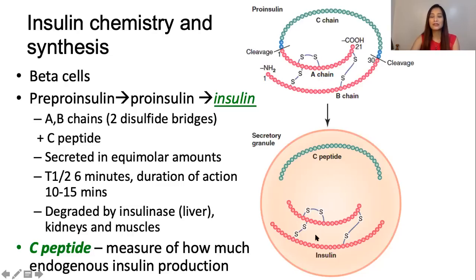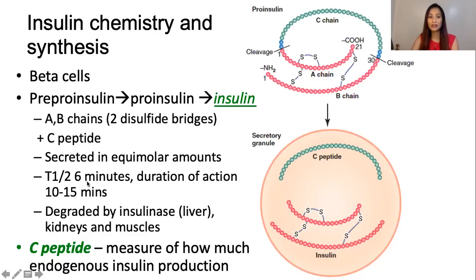Since the C-peptide and the insulin form part of your original pro-insulin, they are secreted by the beta cells in equimolar amounts. But insulin has a very short half-life.